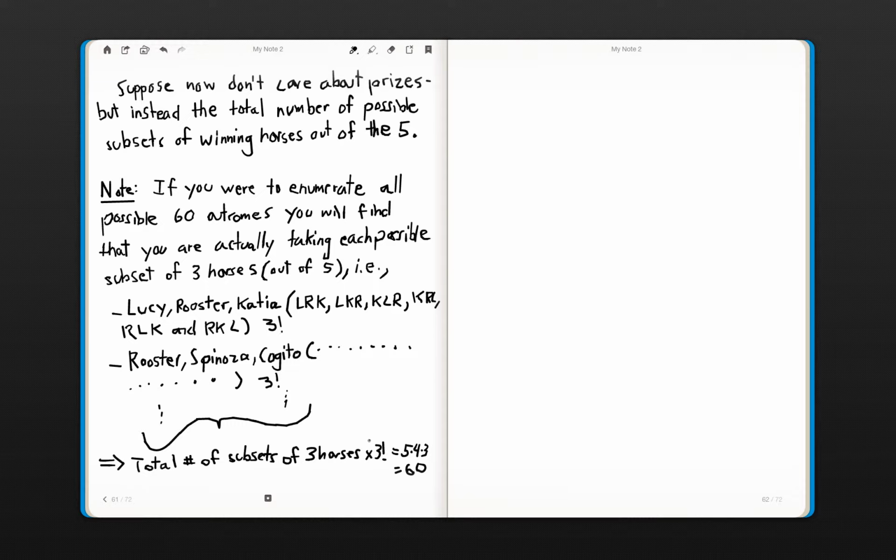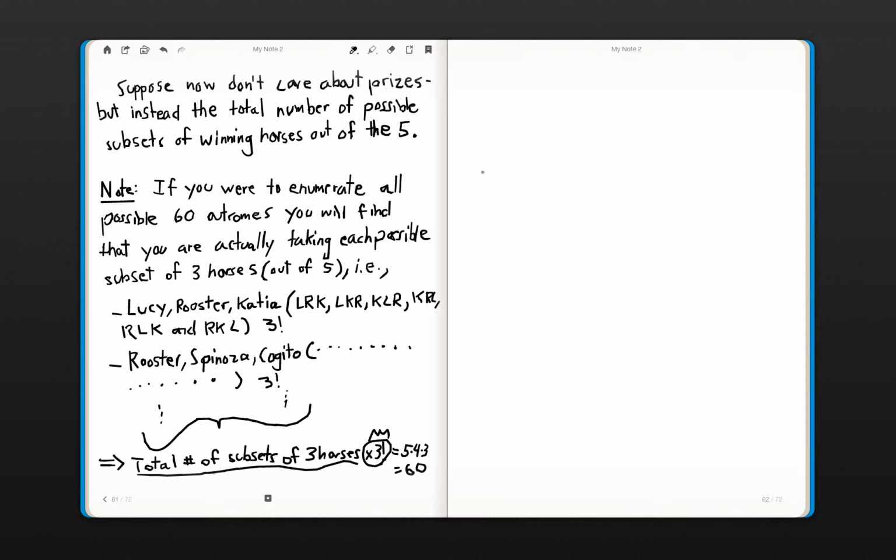Okay, and this is the where-order-is-important part right here. Set 3 factorial. Okay, but what we were interested in, at least for this part of the problem, was just the total number of subsets of 3 horses.